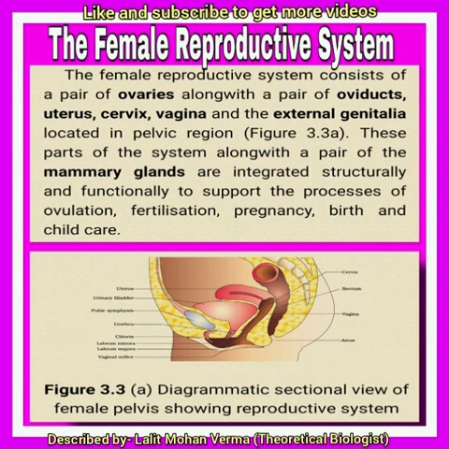Today we will discuss the female reproductive system of human being. This is located in the pelvic region and comprises a pair of ovaries, external genitalia, accessory ducts, that is fallopian tube, uterus, cervix and vagina, and accessory glands, that is vestibular gland and mammary glands.